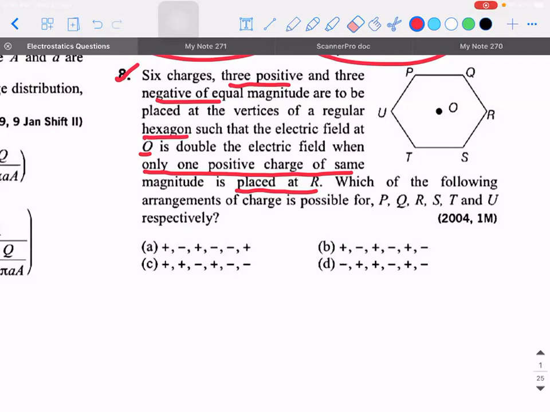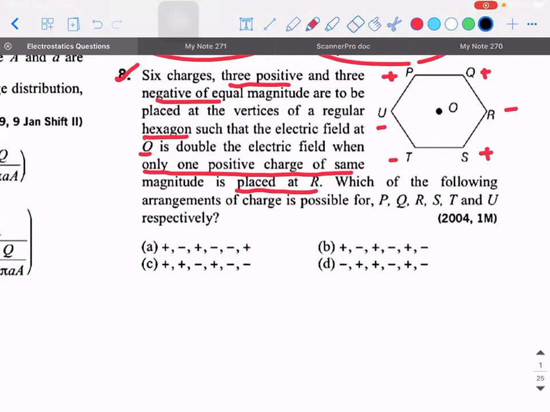So you guys try this as homework. Sir, is it C? C. How are you saying? So you want to keep it as positive, positive, negative, positive, negative, negative. Okay. Due to this, what do you think will happen? Due to P, if the electric field is in this direction, due to S, the electric field will be in the opposite direction. So it will get nullified.